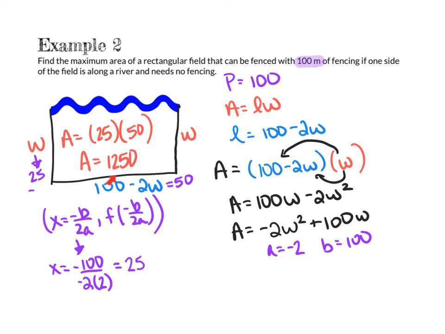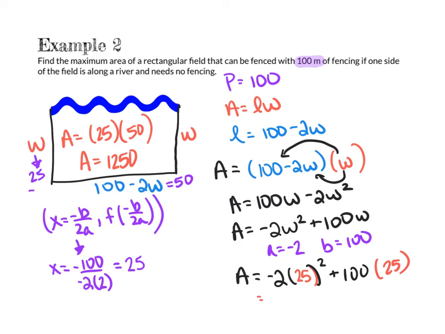I can verify this by plugging back in the maximum value, which occurs when the width is 25. I can plug that into this equation here, and I should get the exact same thing. So when I plug it into the area formula, I get negative 2 times 25 squared plus 100 times 25.